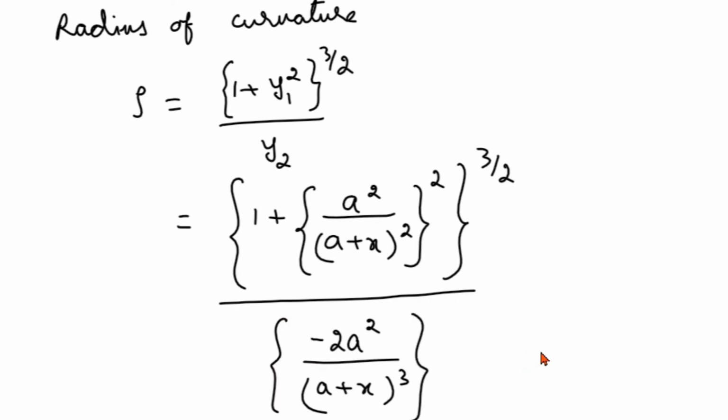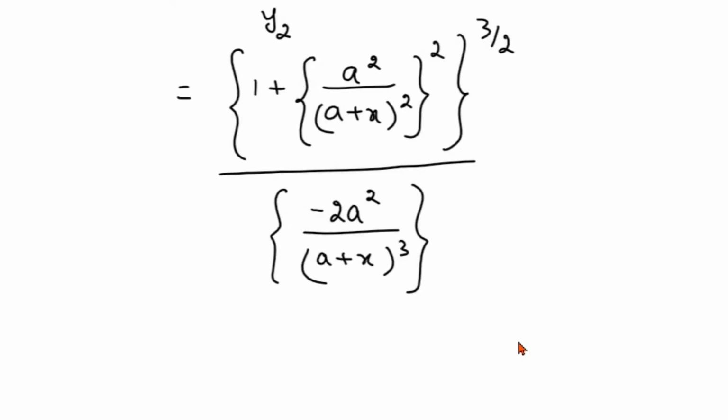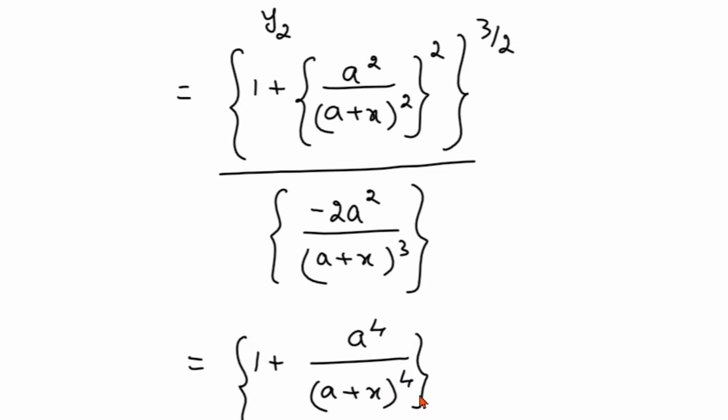So let us try to simplify this one. This will be equal to 1 plus, now since this expression that we have is whole square, so square this value, we will be getting a to the power of 4 divided by (a + x) whole power of 4, and this is to the power of 3/2. This is whole divided by the denominator value that you have.